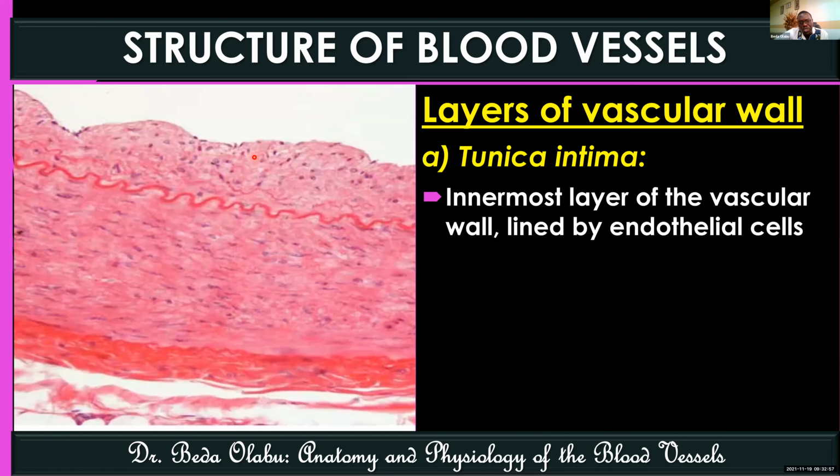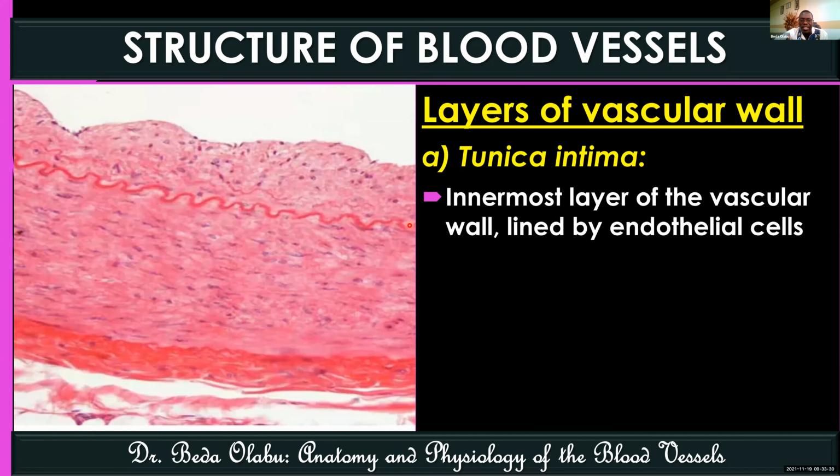And between the Tunica Intima and the Tunica Media, there's usually a layer of elastic fiber. The elastic fibers form some convoluted lining, which we call the internal elastic lamina. So that wavy thing you're seeing is made up of elastic fibers, highly coiled like that, we call it the internal elastic lamina.